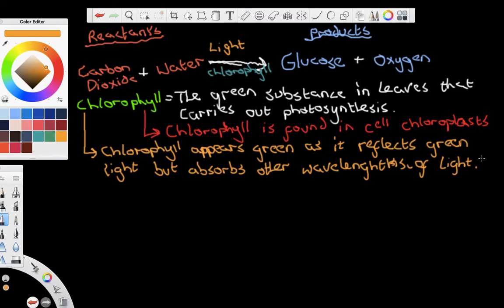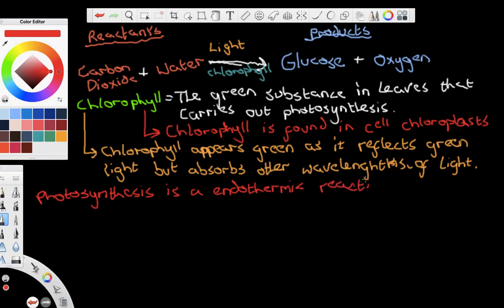Now in chemistry you should have, or you will, learn about endo and exothermic reactions. Photosynthesis is an endothermic reaction. So we can say, I'm going to put it in red, it's important, photosynthesis is an endothermic reaction. Now, what this means is that it needs energy from the environment to take place.